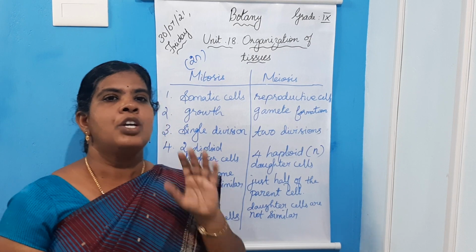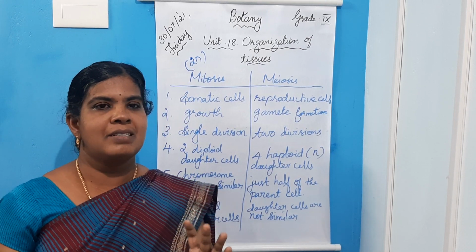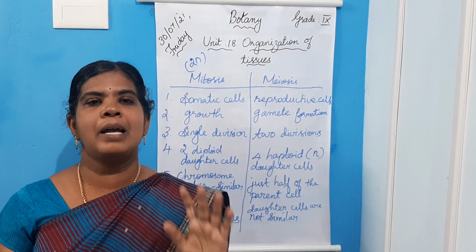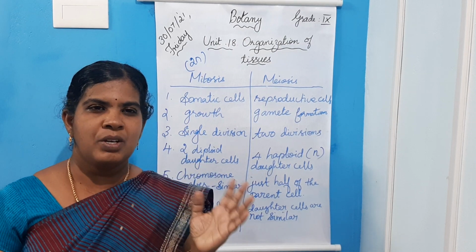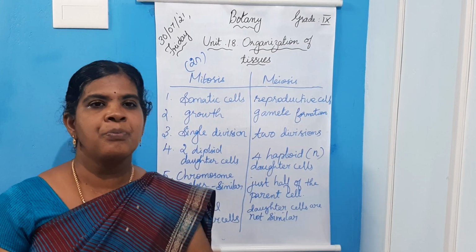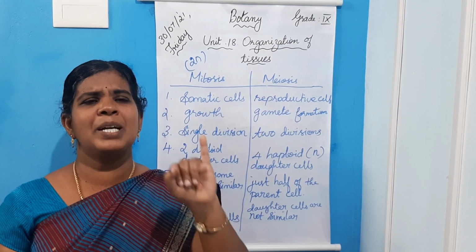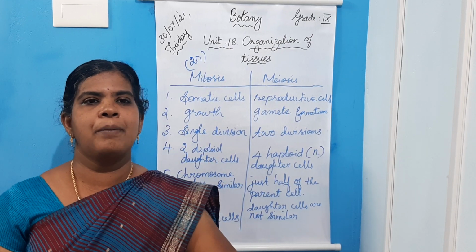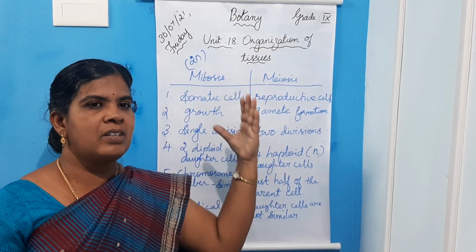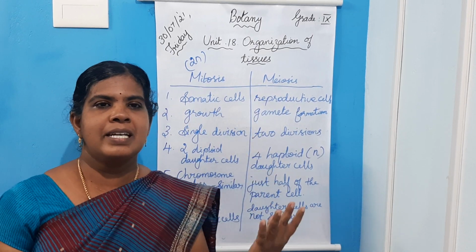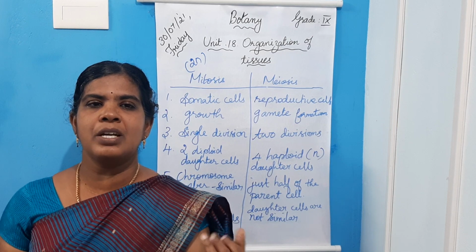Children, you must know the stages of homotypic cell division. Meiosis cell division consists of two important divisions, heterotypic and homotypic. What are the stages of homotypic cell division?